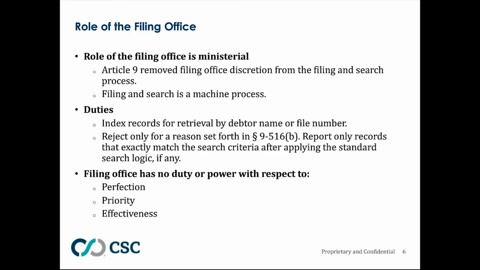The filing office cannot determine priority. That's determined sometimes by factors outside the public record. Nor can a filing office determine effectiveness. Many people are surprised to realize that the filing office has no power whatsoever to make a record effective or ineffective. All they can do is make it retrievable or hidden.